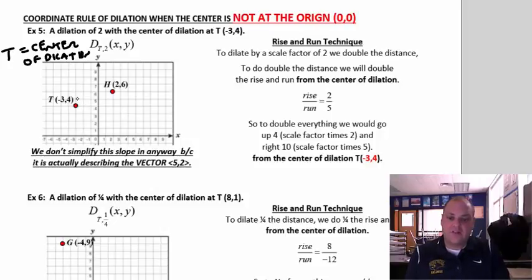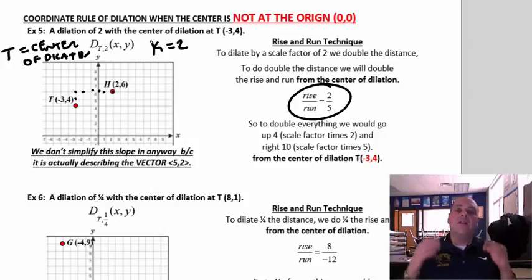And notice how the slope is up 1, 2, and over 1, 2, 3, 4, 5. So it's up 2 over 5. See how the rise over run, we already did that, is 2 over 5. Okay, so now we want to do a K of 2. We want to dilate by 2.